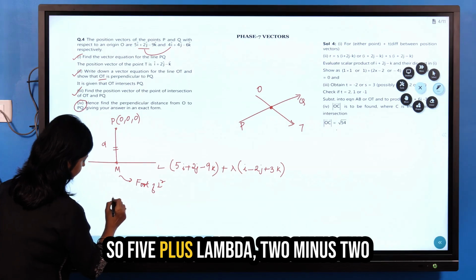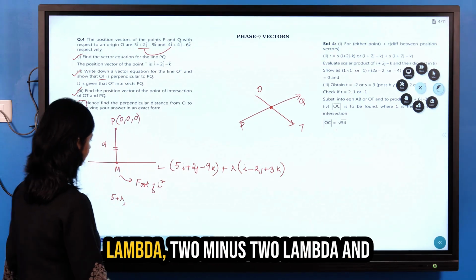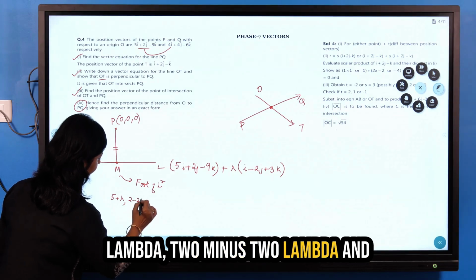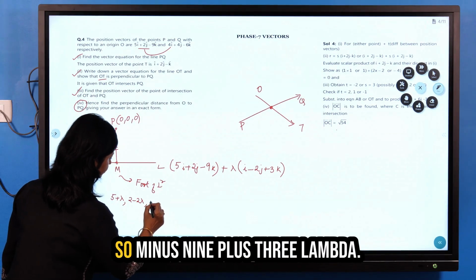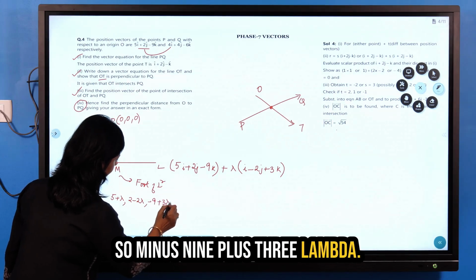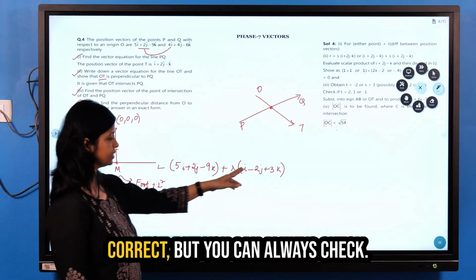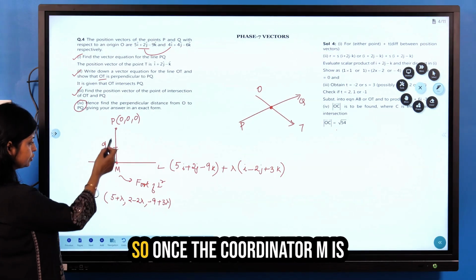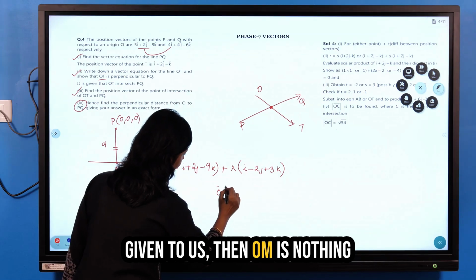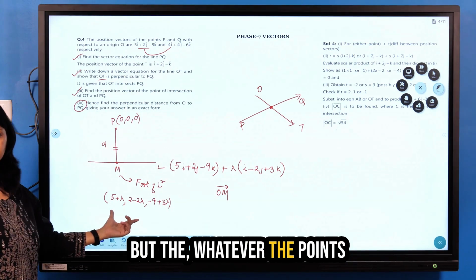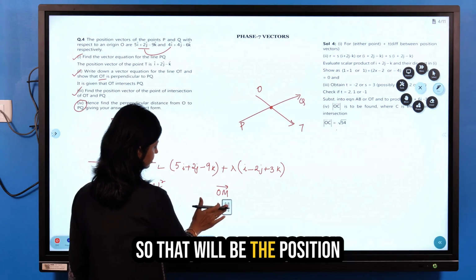So 5 plus lambda, 2 minus 2 lambda, and minus 9 plus 3 lambda. I hope I have done the calculation correct, but you can always check. Once the coordinate of M is given to us, OM is nothing but whatever the points are, written with ijk, that will be the position vector.